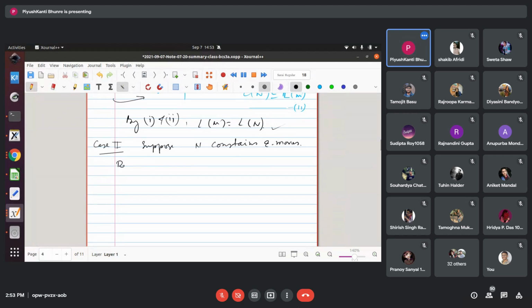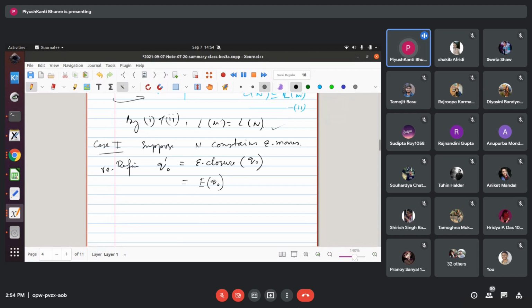So define, basically redefine the start state as the epsilon closure of this state. In other words, we use another notation, that's called E of Q0. So this is the notation we have used in the previous class.